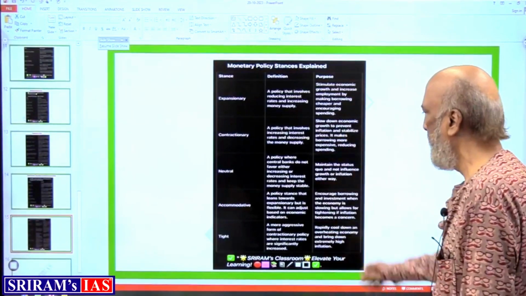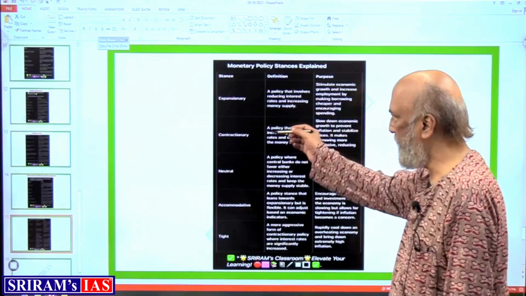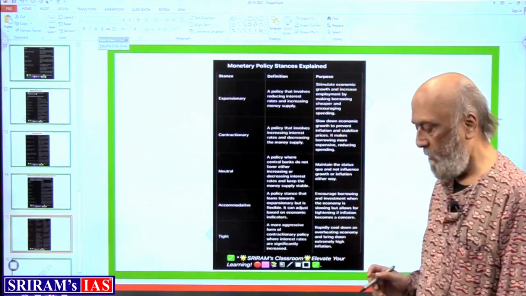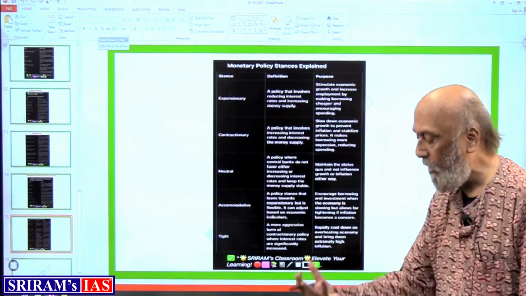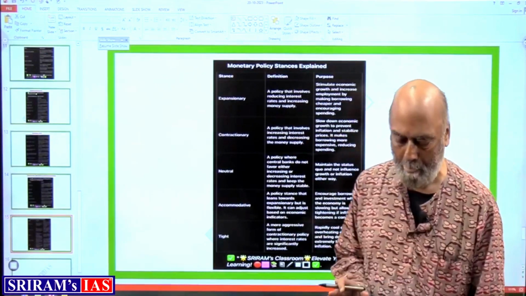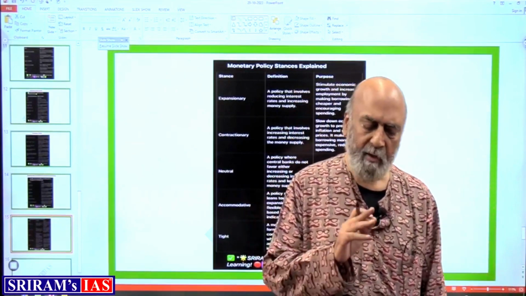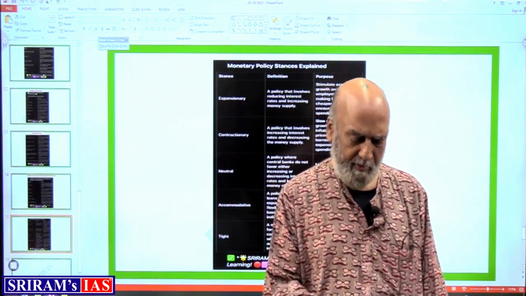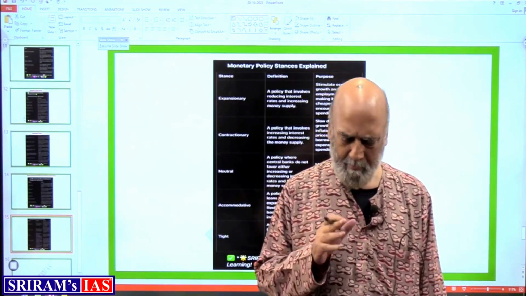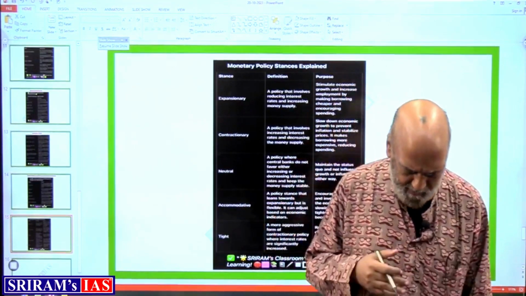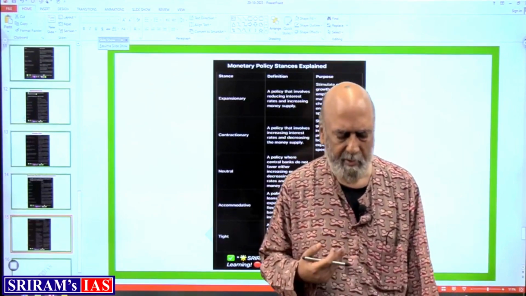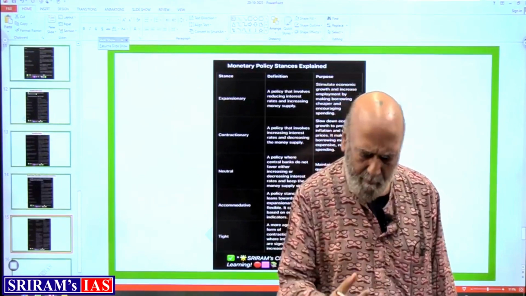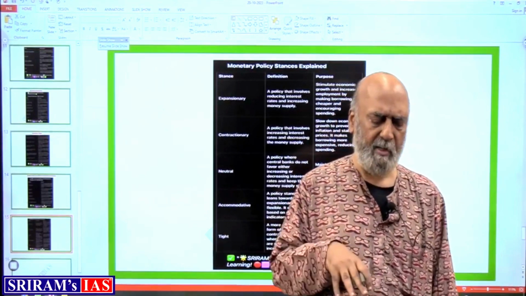Expansionary, contractionary, neutral, accommodative, tight. Our governor also introduced one more: withdrawal of the accommodative. See, I'm ready to accommodate your demand for money, by tweaking the rate or whatever. That means towards the expansionary. He didn't say I'm neutral or something. What he said is I'm withdrawing the accommodative stance.